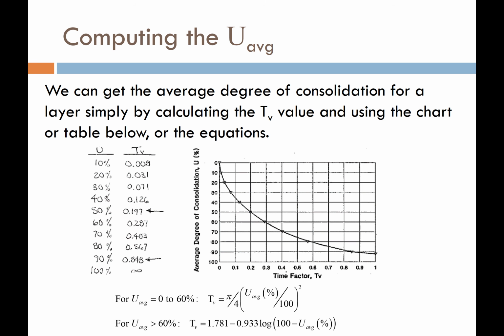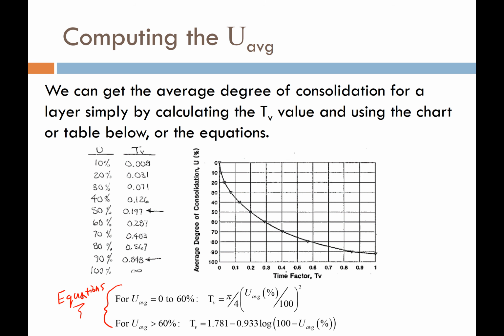Now, I promised to give you a solution to solve the average degree of consolidation for the entire clay layer. And here it is. Now we can solve it either using equations. The problem is that there's no direct solution, okay?